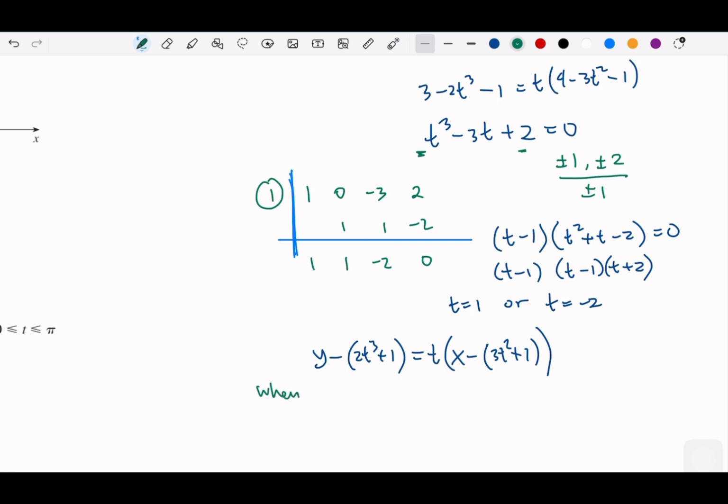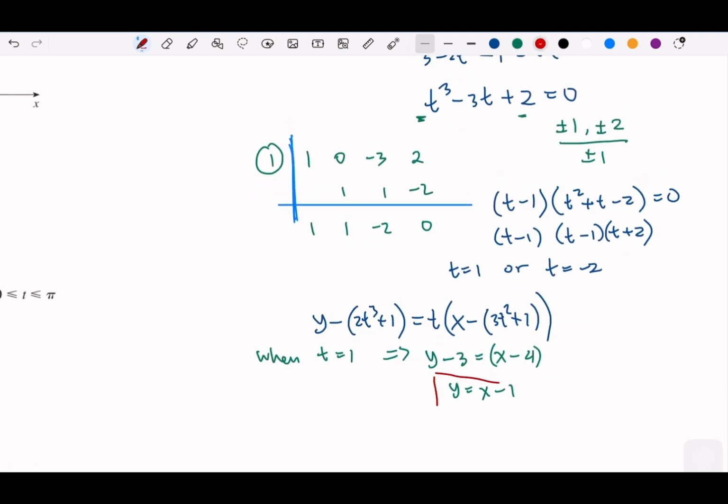So when t equals 1, that will be y minus 3 equals x minus 4, or y equals x, minus 4 plus 3 is minus 1. So this is the first tangent. There will be two tangents at this point.